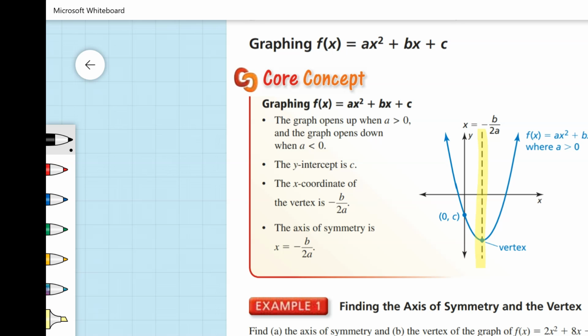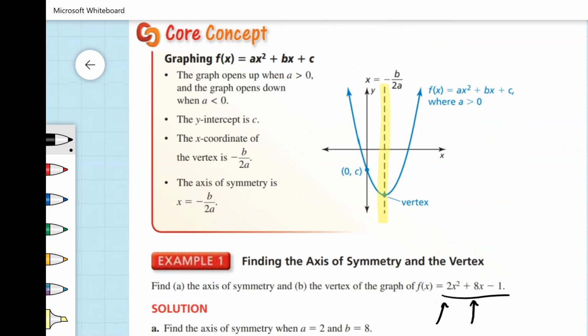Then if we have our axis of symmetry, we can find our vertex. So we know that the x-coordinate of the vertex is negative 2, and then we can use our function to find the y-coordinate of the vertex. In other words, if we know that this here is negative 2, we can substitute that into our equation to find what our y value will be, and therefore we would know where our vertex is.